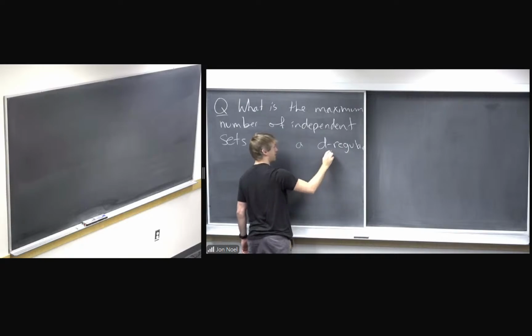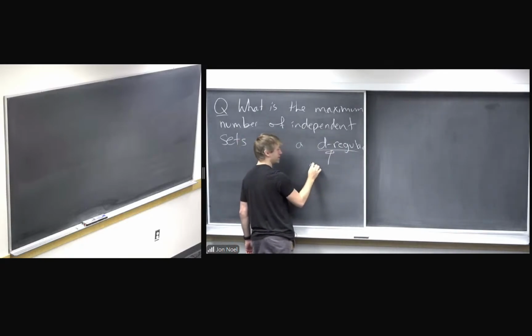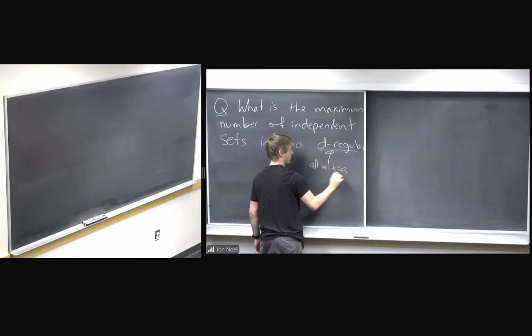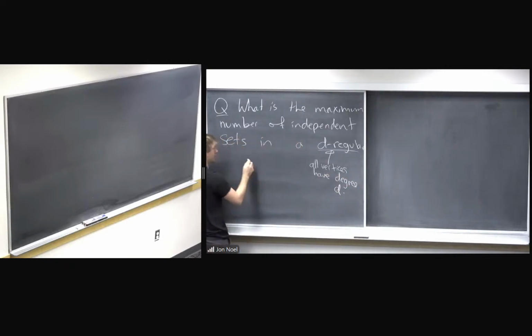D-regular, I don't know if we've mentioned what this means, but it just means all vertices have degree D. So D is some number. So we want to maximize independent sets in a D-regular graph on n vertices.